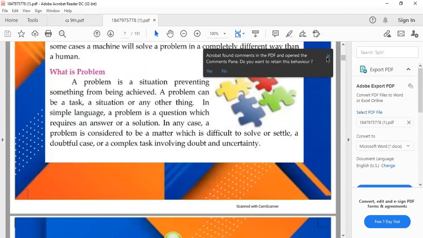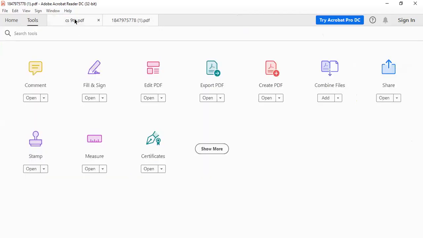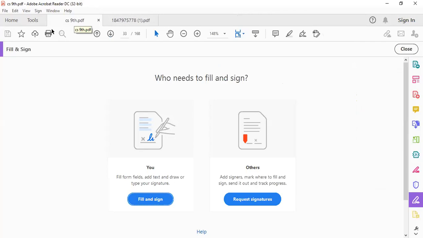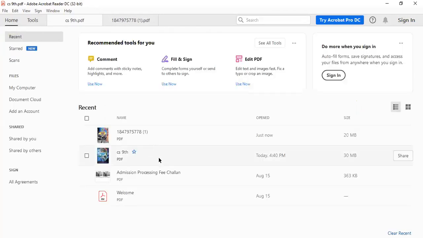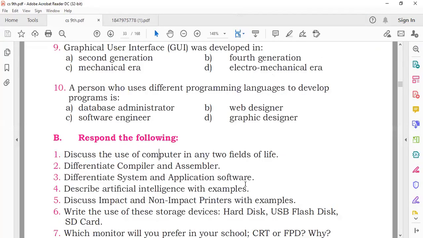Okay, let me open. No, sorry, just a sec. It's my 9th book. Okay, here this is where we left. Okay, let me take a pencil.